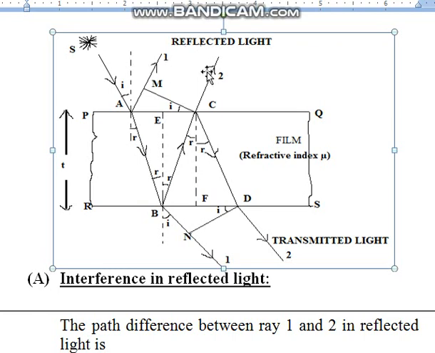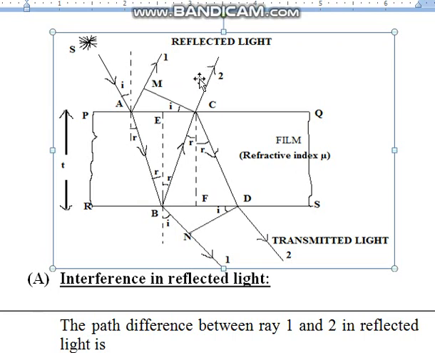So what are the conditions for maxima and minima? We have to discuss when the maxima and when the minima will occur. For this we have to obtain the path difference between ray 1 and ray 2.